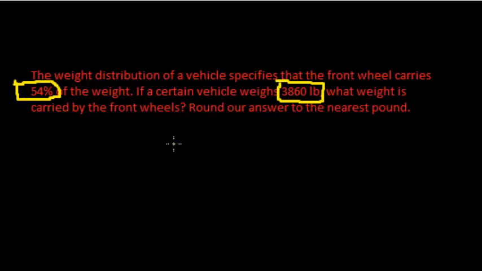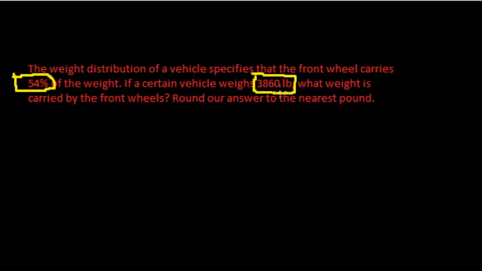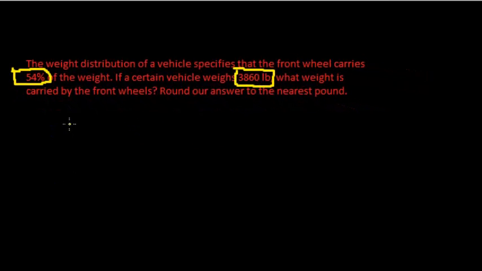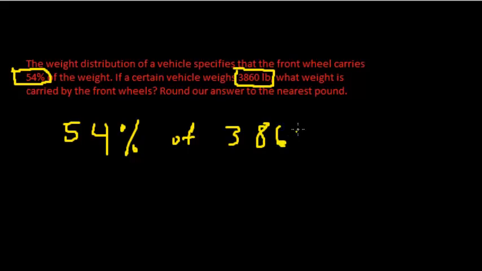Let's take a look at what is being done with those. Right? The front wheels are carrying 54% of the weight. The weight is 3,860 pounds. So what weight is being carried by the front wheels? Well, 54% of that weight. Right? We see that as 54% of 3,860 pounds is what?